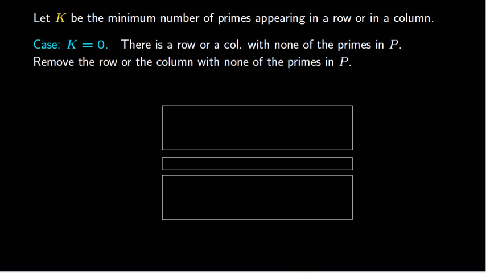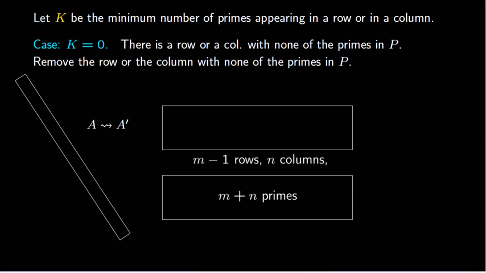For example, if this is the matrix, this is the one that does not contain our primes at all, then I can remove that. By removing it, the size goes down a little bit. So since the size goes down, our only requirement is m plus n minus 1 primes, but we still have m plus n primes here.